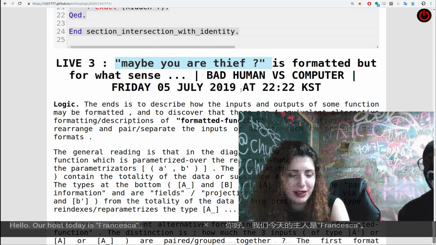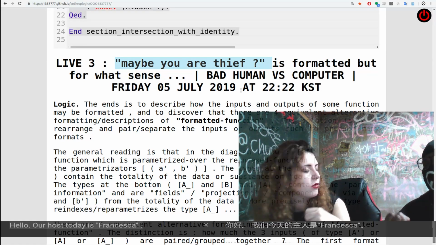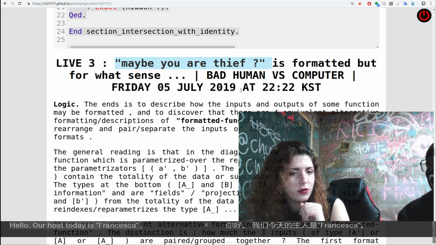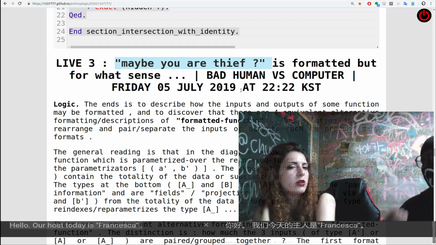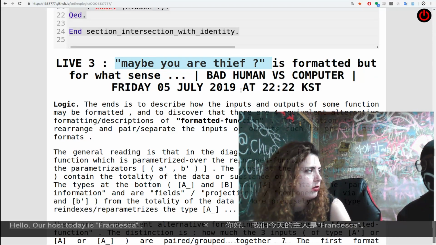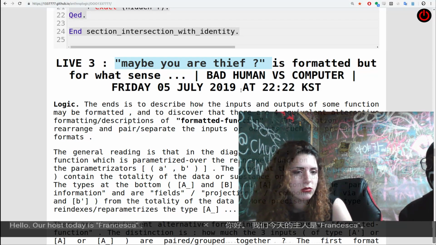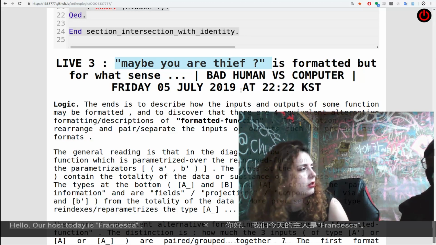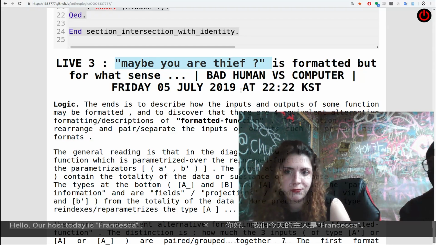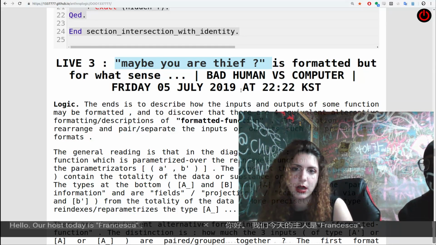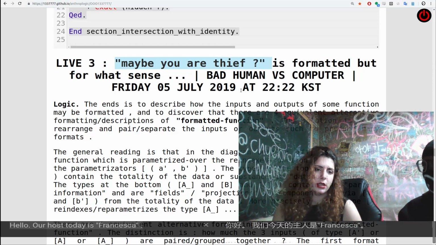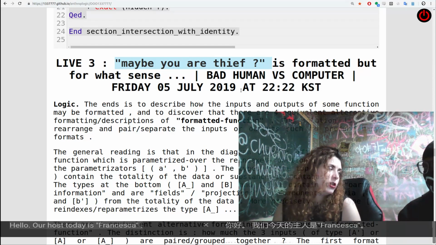So you have to be careful about the formatting, and the real sense, the meaning of what you want to say, and why you want to say it. This little distinction is exactly what we are doing right now, about the formal and the real sense, the function that we just saw before.